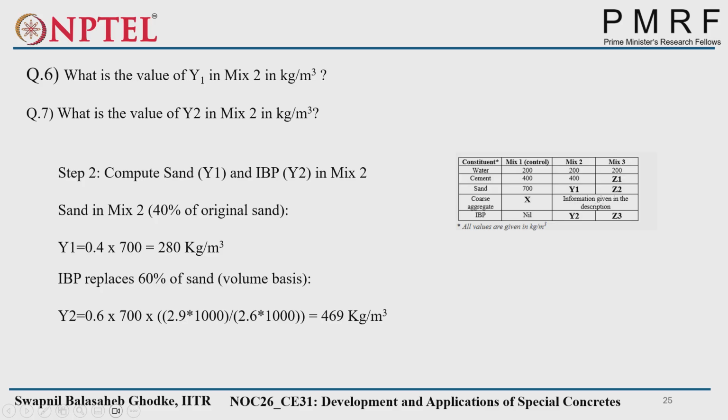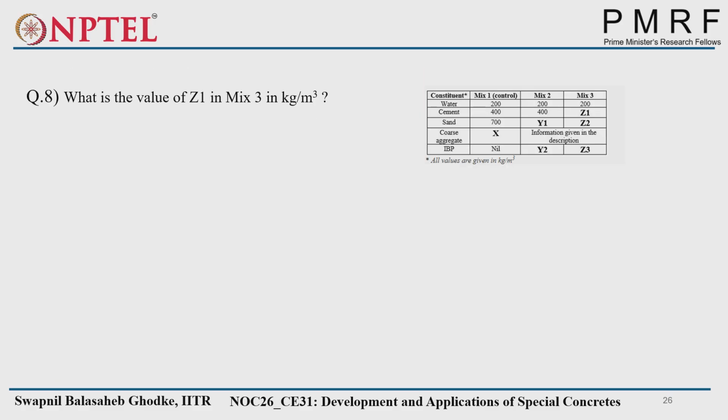We have 40% remaining, 60% replaced. Out of 700 we take 60%, then multiply and divide by the respective specific gravities. So we got the value of 469. Understood?